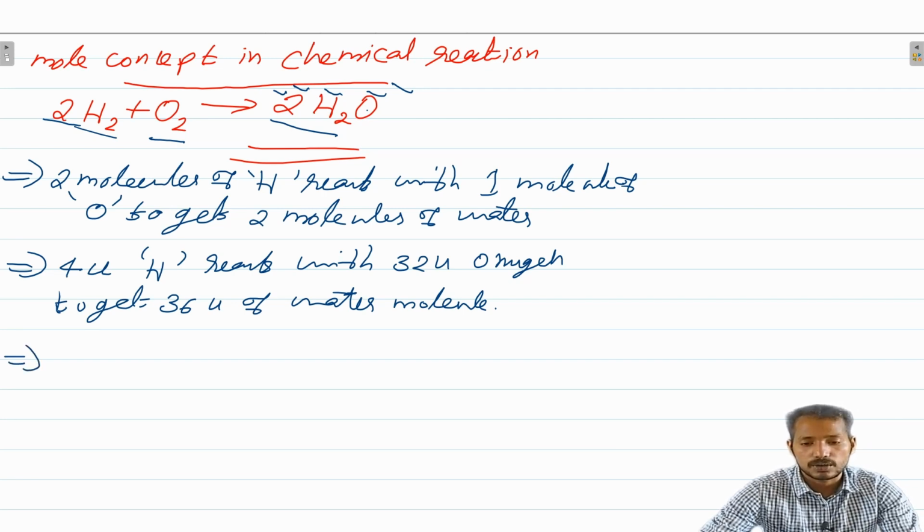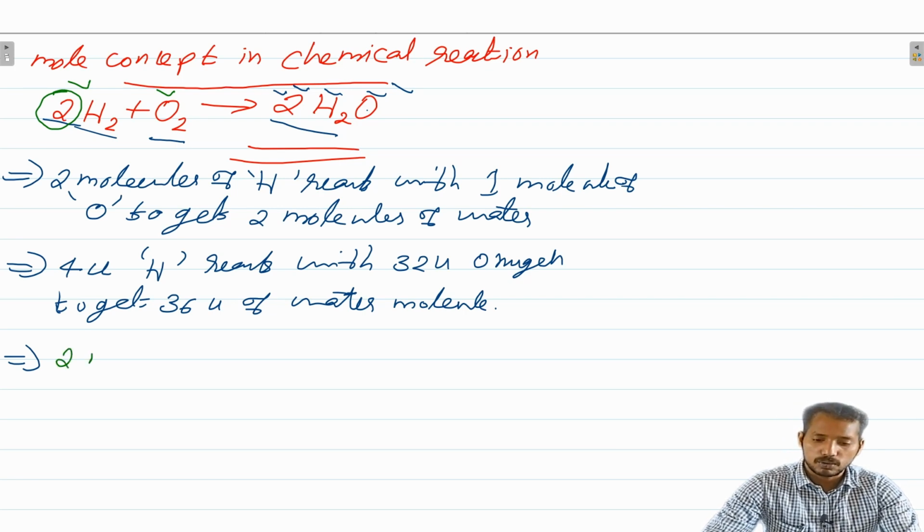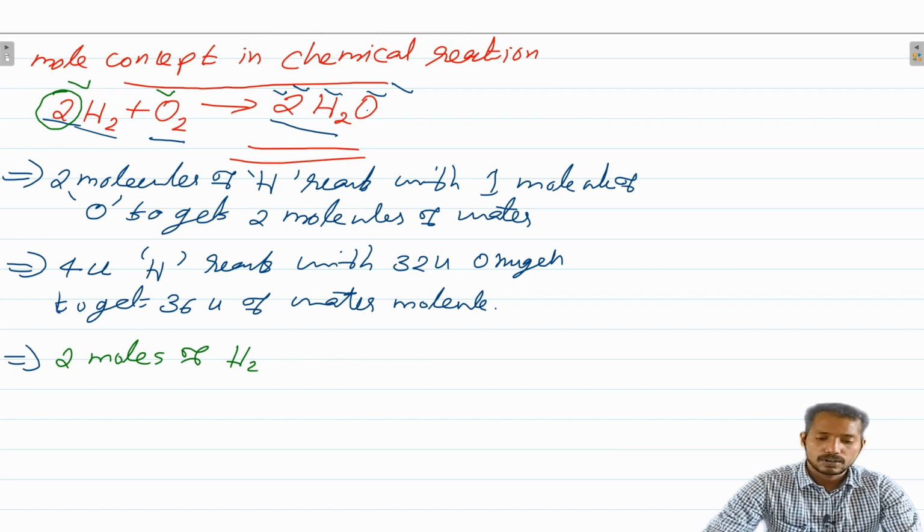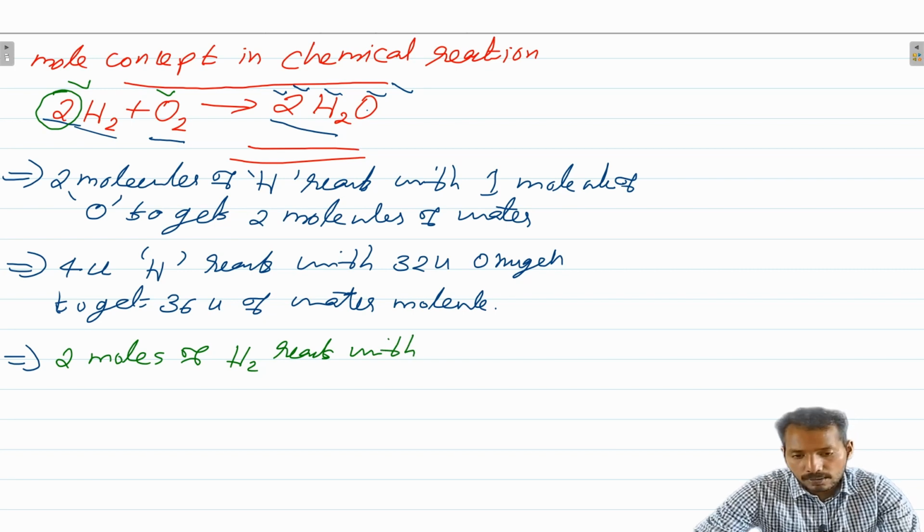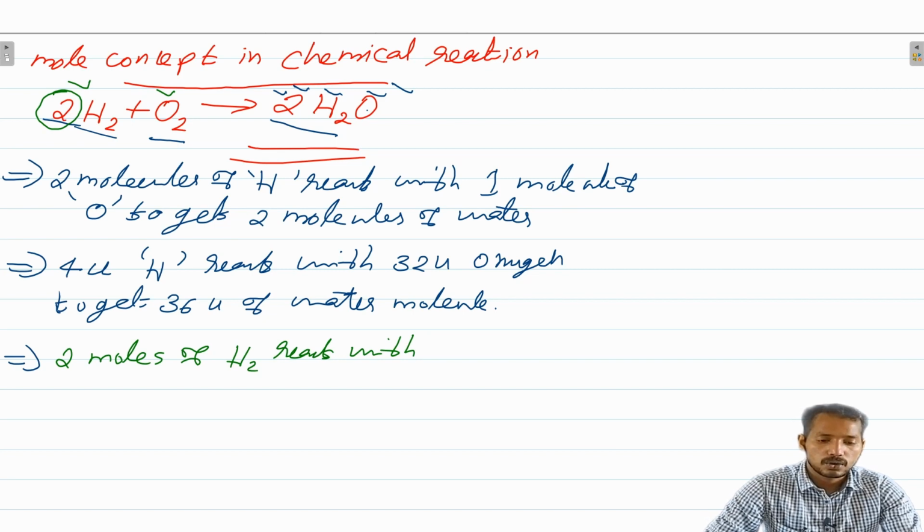Here 2 molecules of hydrogen react with 1 molecule of oxygen. Similarly, we can say that 2 moles of H2 react with 1 mole of O2, because only here O2, that means 1 into O2.